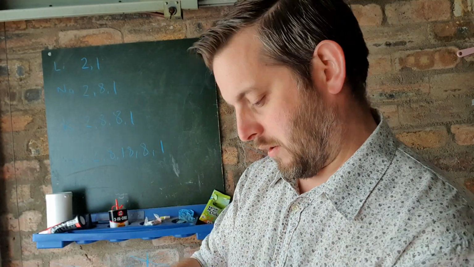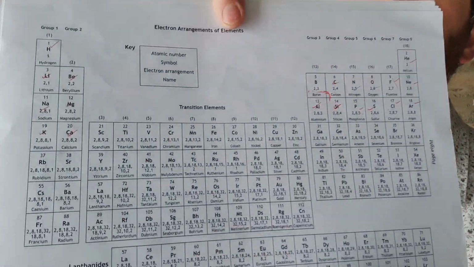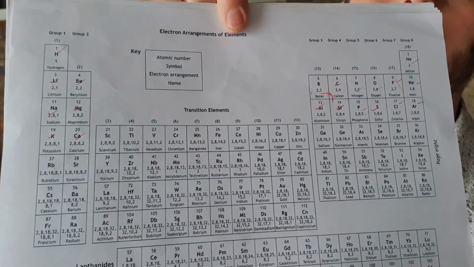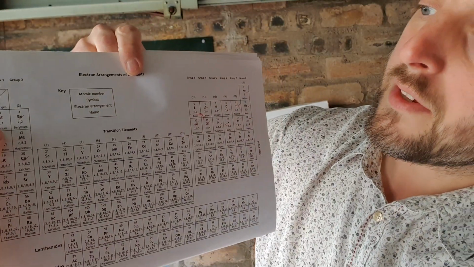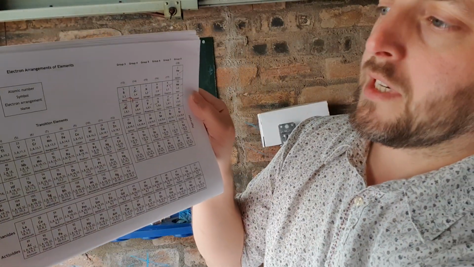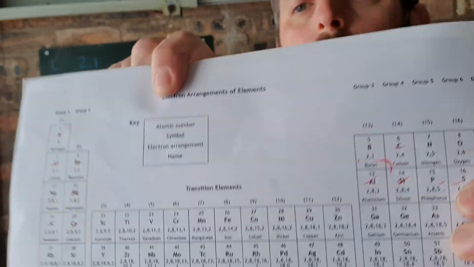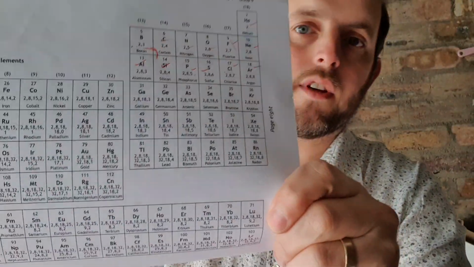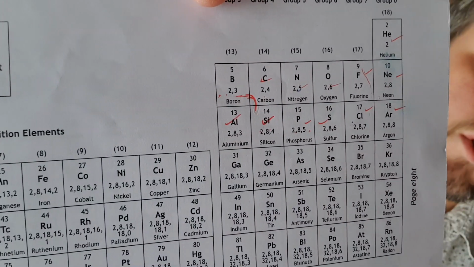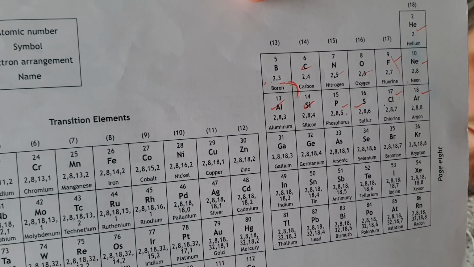You can refer back to page 8 in the data booklet. That will show you your electron arrangements, and sure enough, when you look at them, going down, each of them has additional shells as you go down every group.